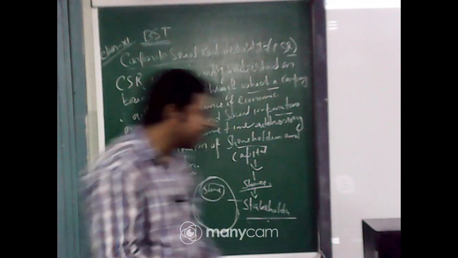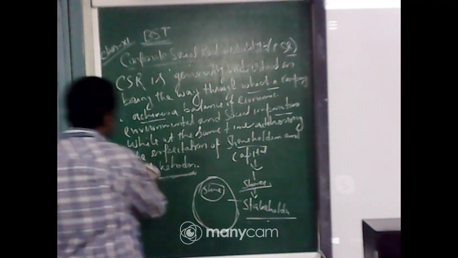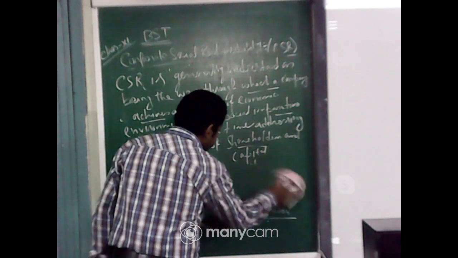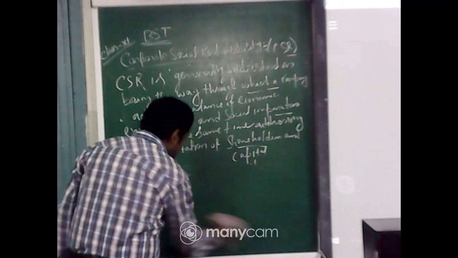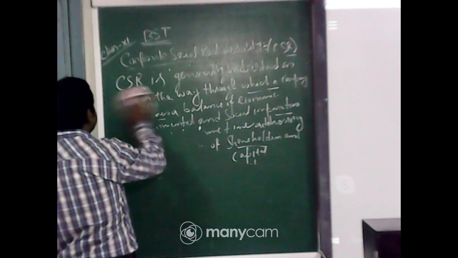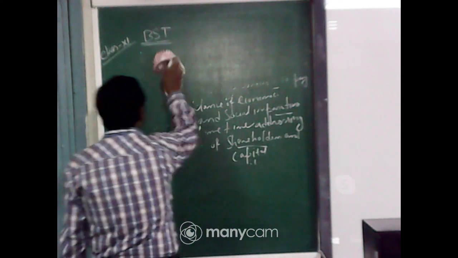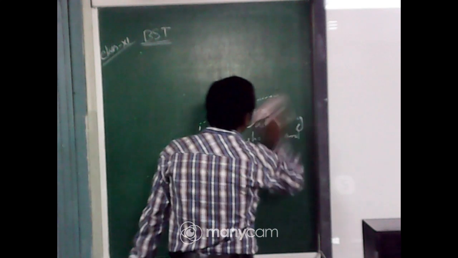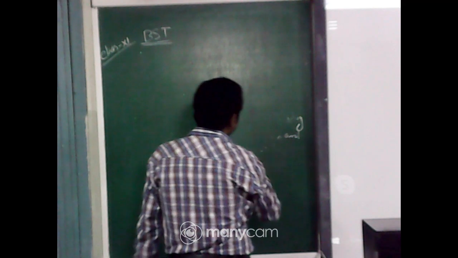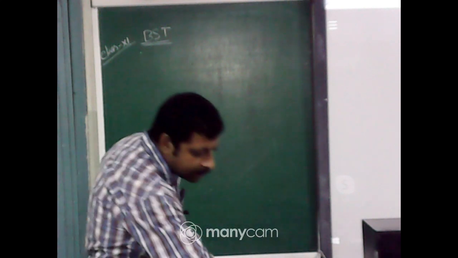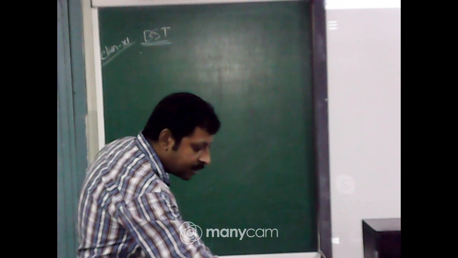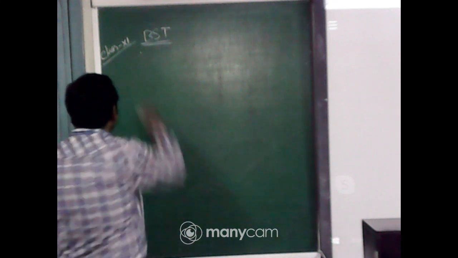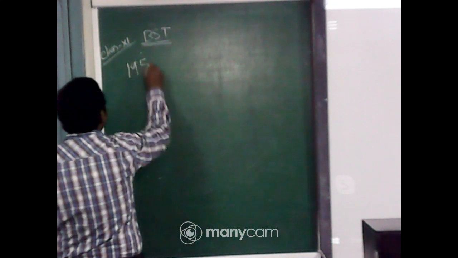Now why did corporate social responsibility come? The government is saying in the Companies Act 2013 this corporate social responsibility, popularly known as CSR. Before that, there was the Companies Act 1956.